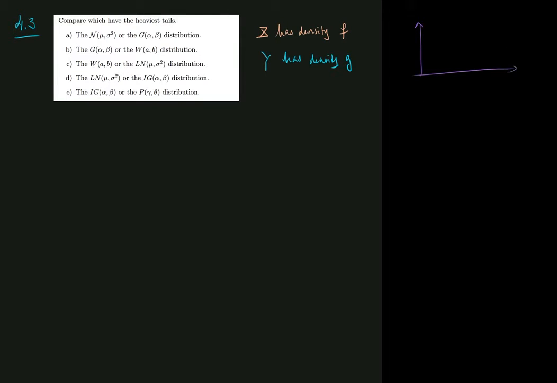If we were to draw these two densities in a coordinate system, we could have an example where f looks something like this, and g looks something like this. The question now is often which distribution is best suited to model certain types of claims.